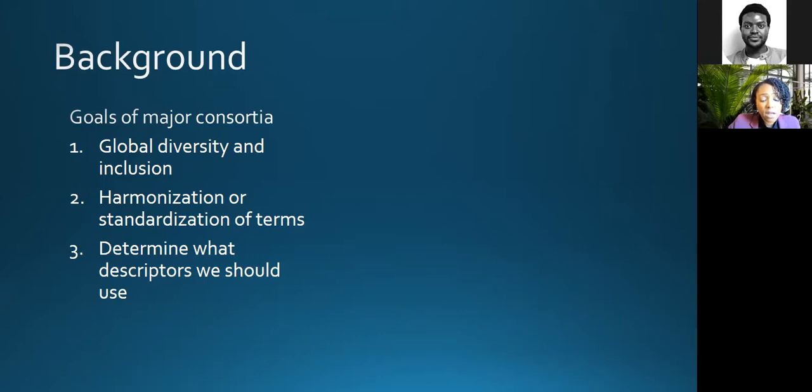So the funders of genomics research want data to be accessible across borders, interoperable, and reusable through standardized vocabularies and reporting practices. Less clear is how to achieve this goal as more diverse populations are included in data sets. What population descriptors should we use?